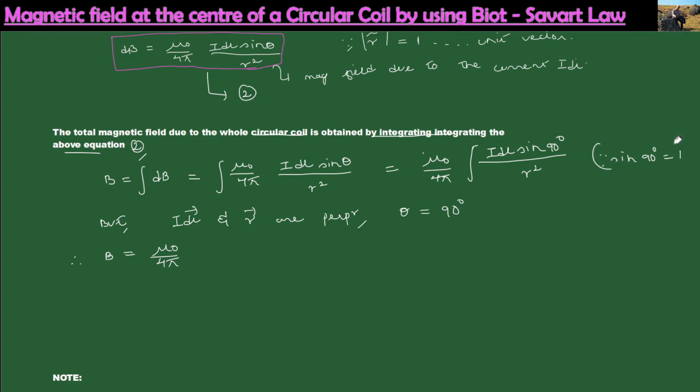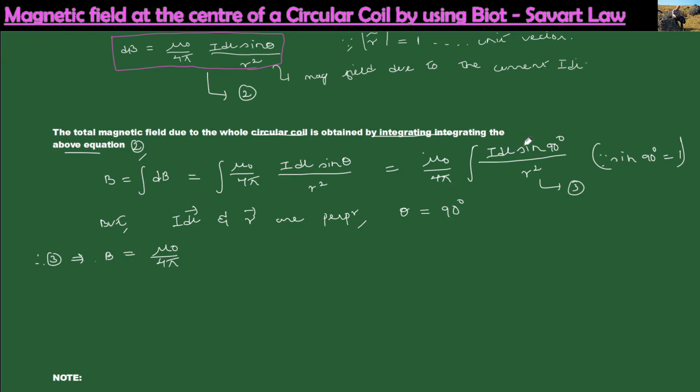Since sine of 90 degrees is equal to 1, equation 3 reduces to the following form.